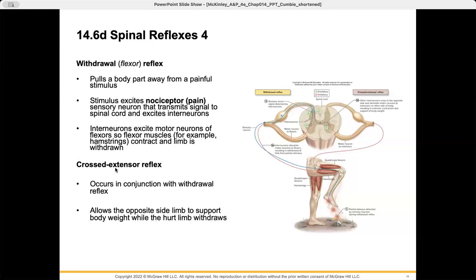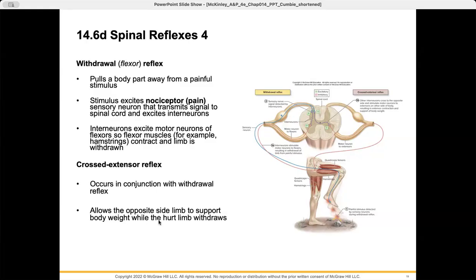Another one is going to be the cross extensor reflex, which works very, very well with our withdrawal reflex. The withdrawal reflex is helping us move that body part, in this case, the foot, away from the painful stimulus, but it involves other muscles in the leg in order for the foot to actually move. And that's where we get these cross extensor reflexes.